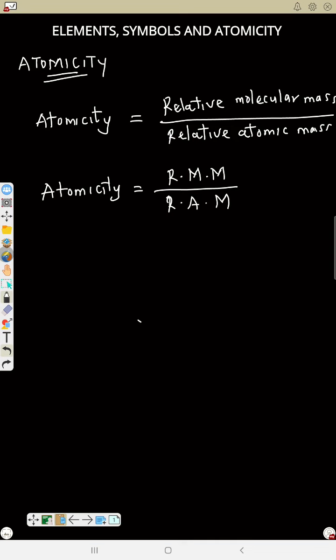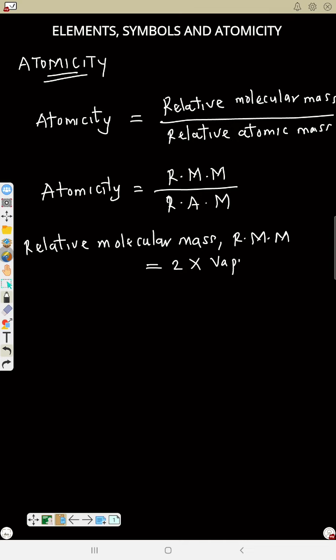Also, relative molecular mass, that is RMM, is equals to 2 times vapor density. So in short, we can say relative molecular mass is equals to 2 times vapor density.